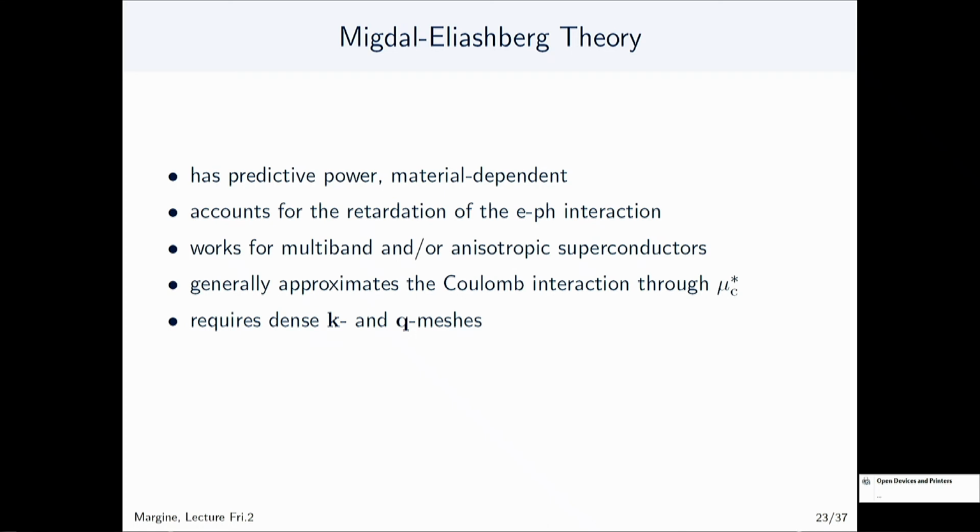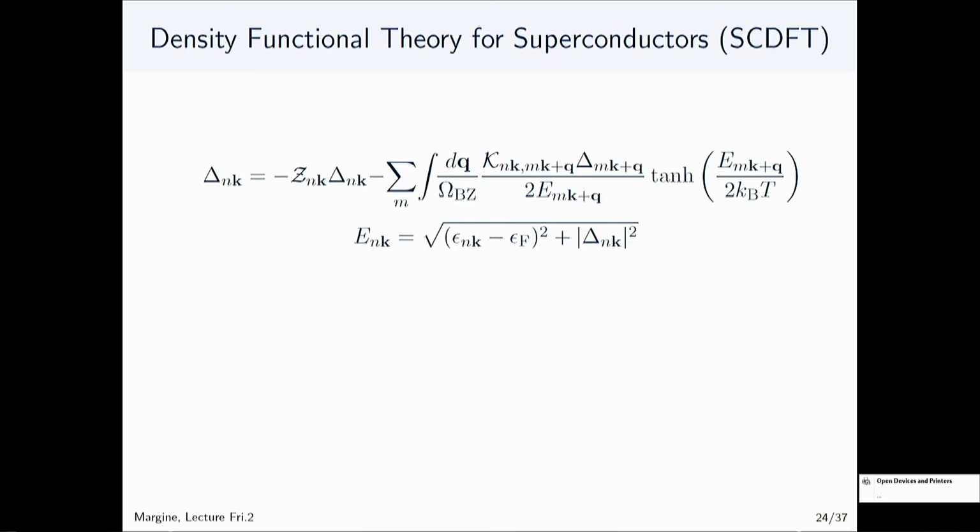I will also briefly describe another method that can be used to solve the superconducting gap from first principles. This is called the density functional theory for superconductors, and it has been developed in Hardy Gross's group. The central part of the SCDFT is a superconducting gap equation.